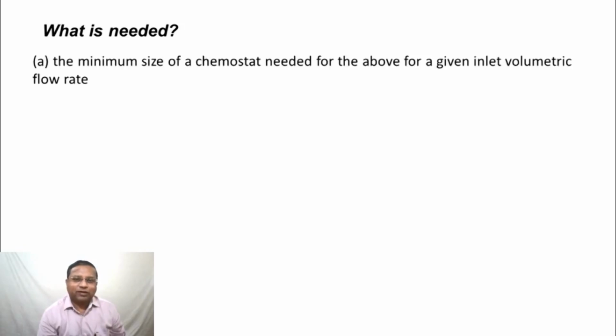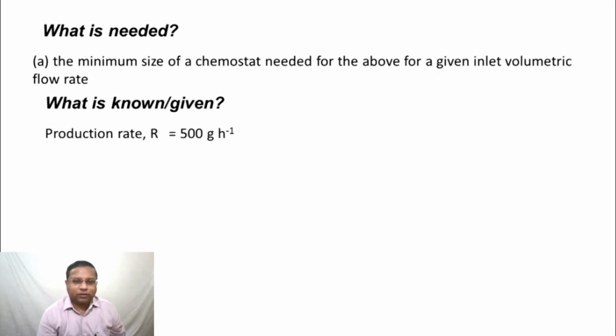What is needed? The minimum size of a chemostat needed for the above given conditions for a given inlet volumetric flow rate. What is known or given? The production rate is 500 gram per hour, that is given.